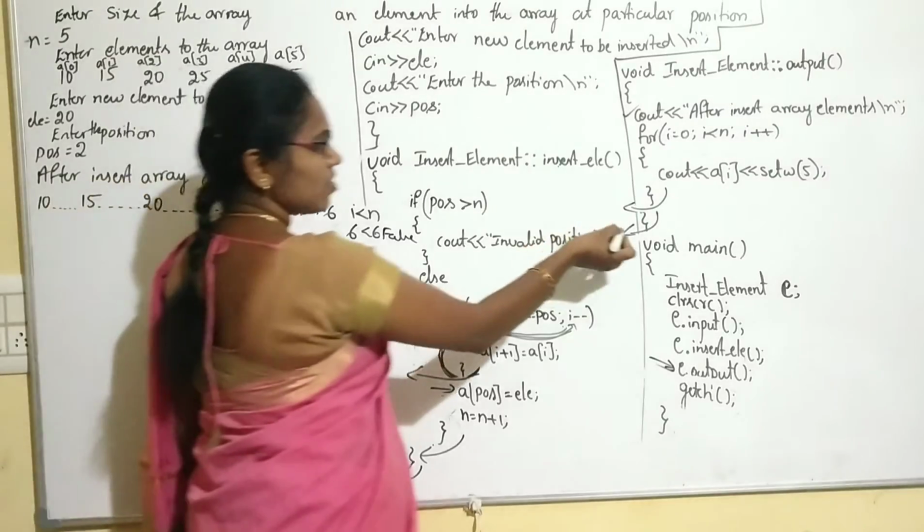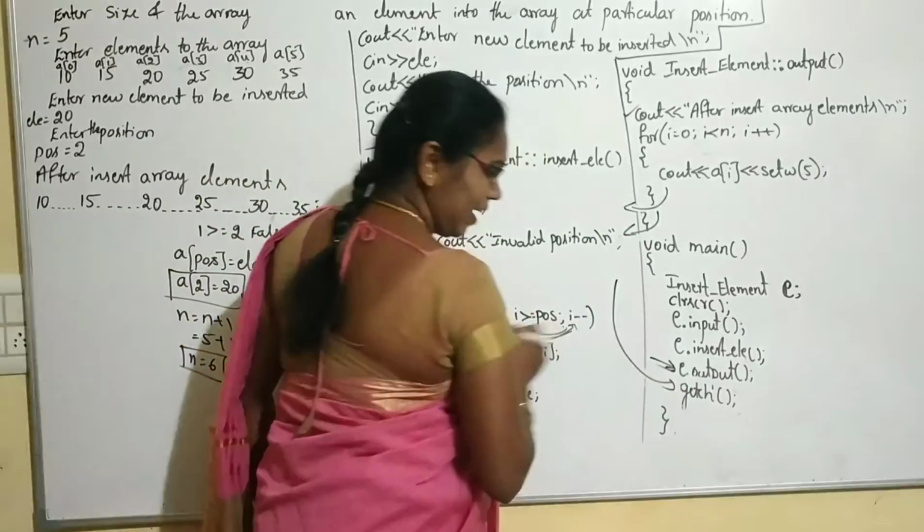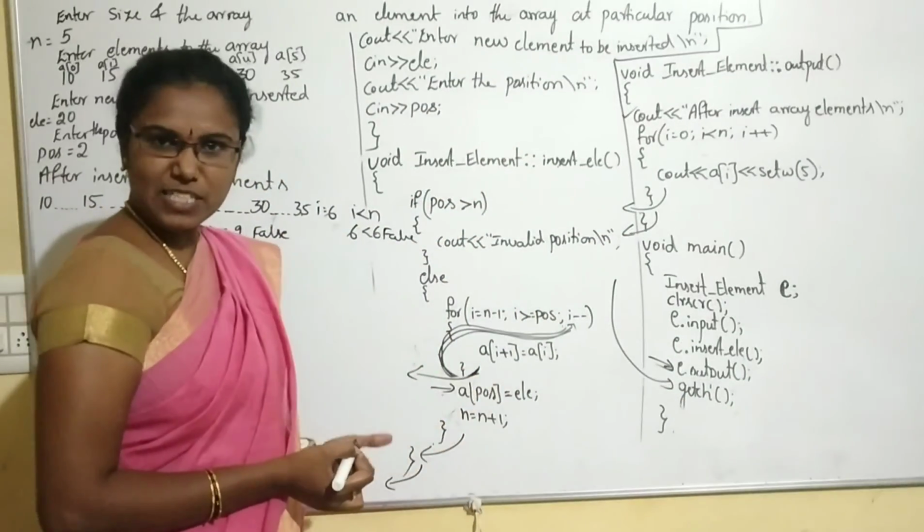So once the function is terminated, the control goes to the main function and it will call the getch function.